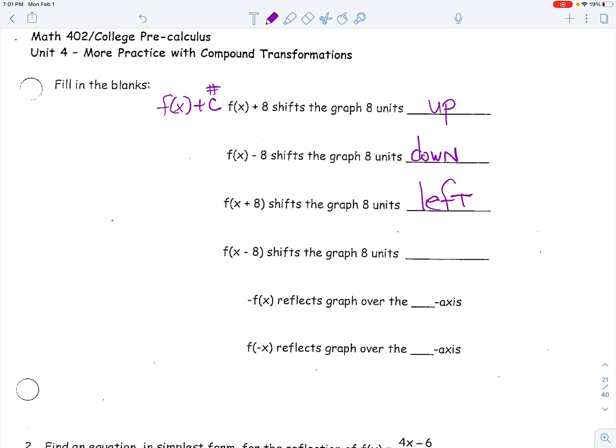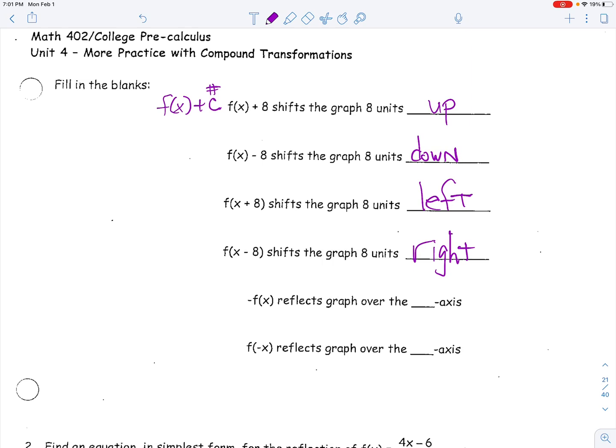f of x minus 8 is shifting the graph 8 units. Horizontal shift, number is in with the x. Sign does not dictate the direction. You would think negative is to the left. No, it's going to the right, 8 units.